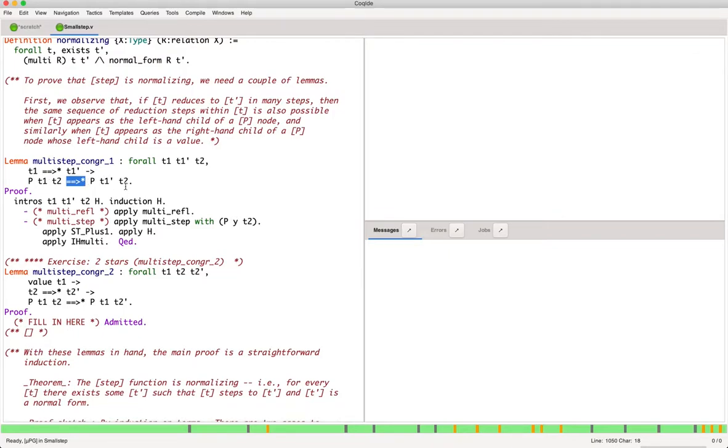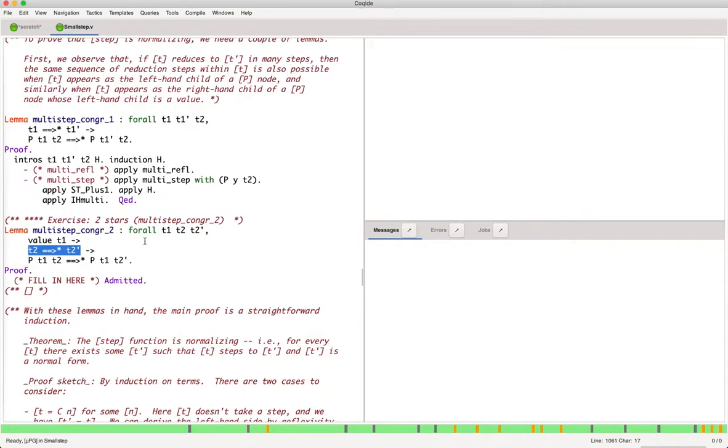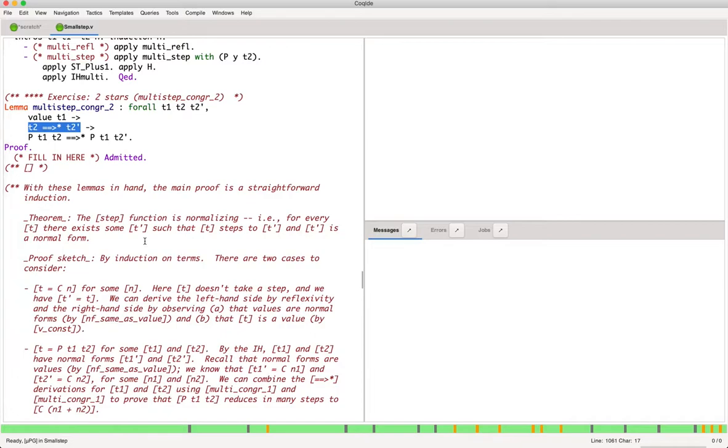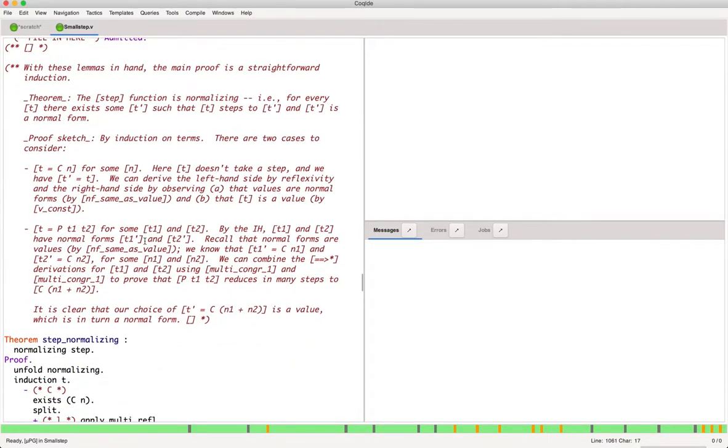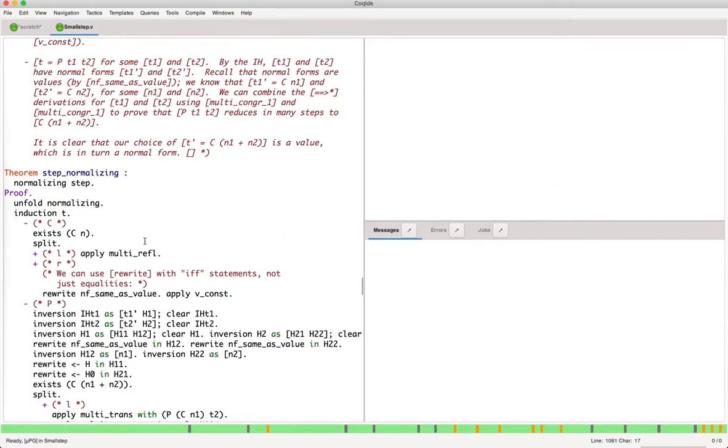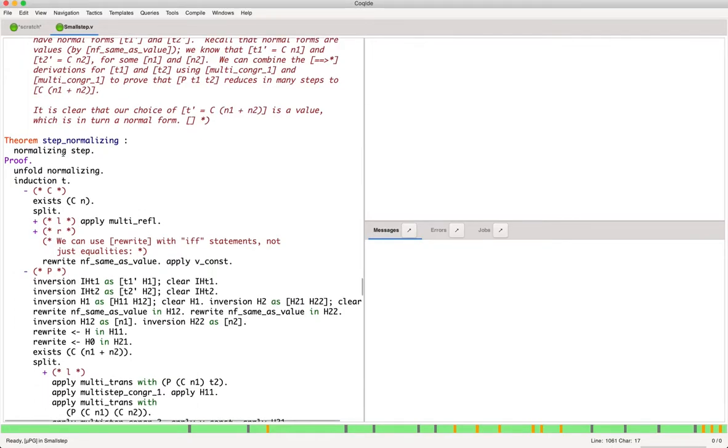So it just makes some proofs a bit easier because you can just substitute into other terms and still be in the multi-relation. And this is the one for the T2 side of the world. And if you have that, I won't go through the informal version, but you can prove using these congruence lemmas that step is normalizing.